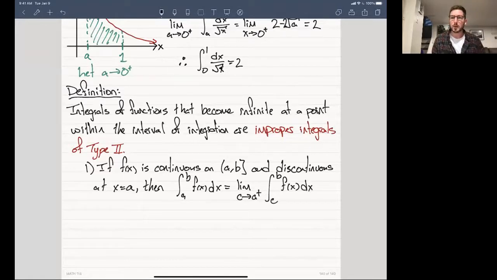So just like what we did with 1 over the square root of x. Now, obviously, we have the second case where you have discontinuity at the other end.